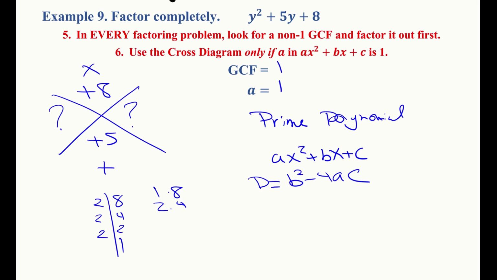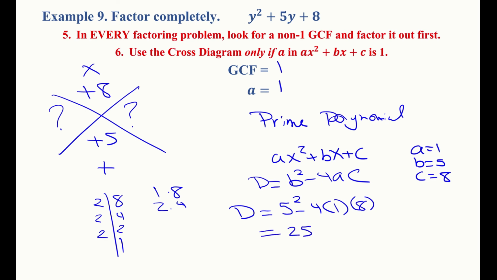So, for example, in this problem, don't worry about the variable. It can be anything. So here it's y, but it doesn't matter. So notice in this problem, a is 1, b is 5, c is 8. If you calculate the discriminant, that's what it's called, you get b squared, 5 squared, minus 4 times a, which is 1, times c, which is 8. So you get 25 minus 32, which is -7.